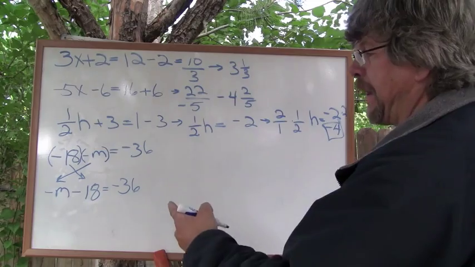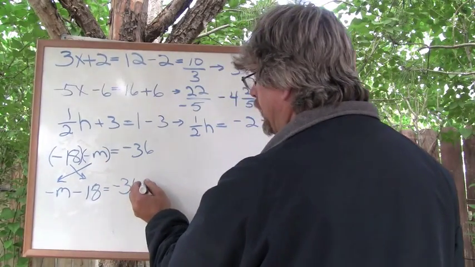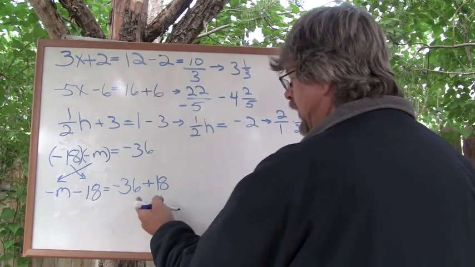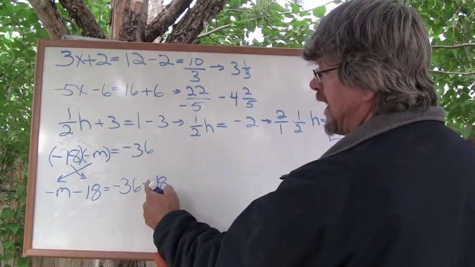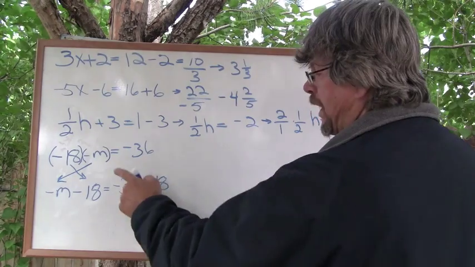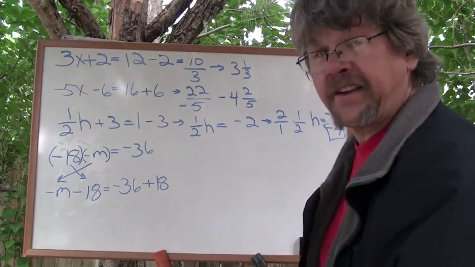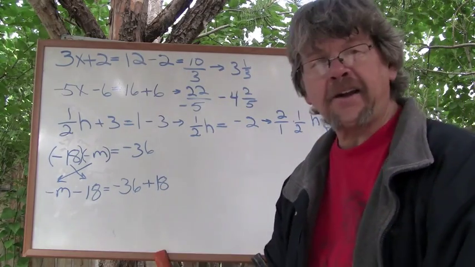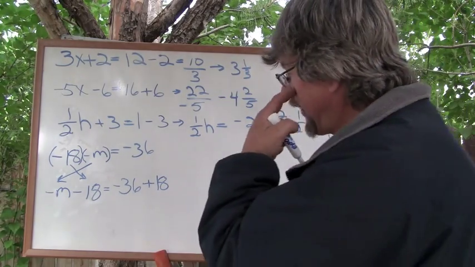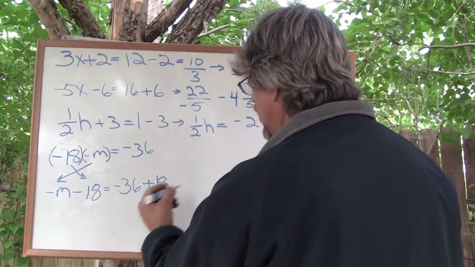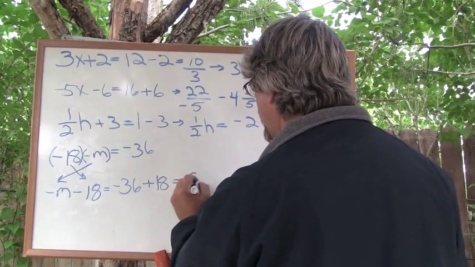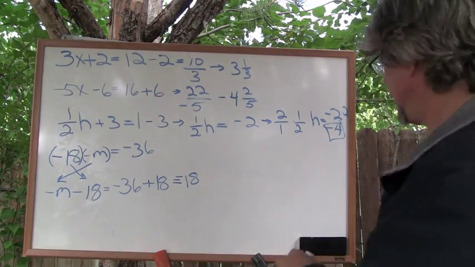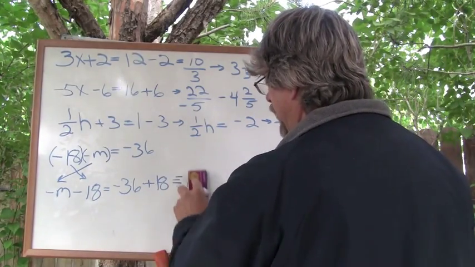Now we can isolate m, add 18. Which is technically, and again, keeping the signs, we can switch these so that we see this is a subtraction. This is 18 subtract 36. What's the answer to that? 18. But it's going to be a negative 18. Well, I didn't write that very well, did I?